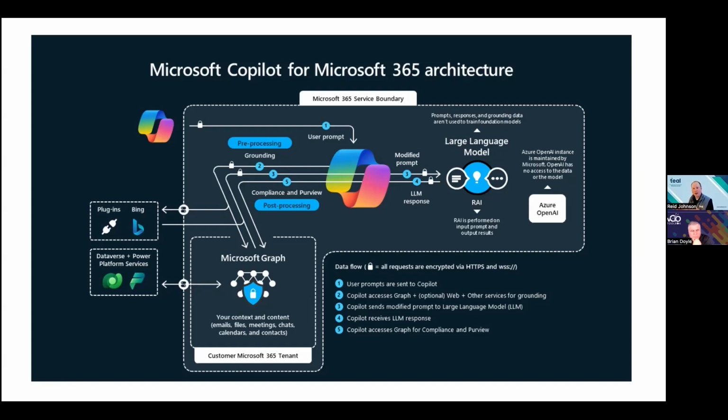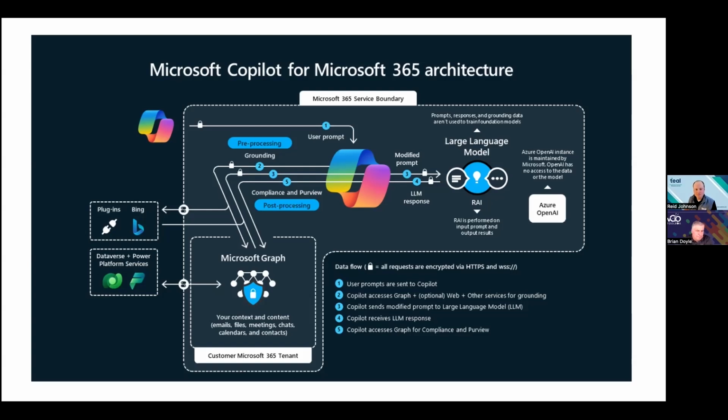Microsoft provides commercial data protection, so the information that you're typing into a Copilot prompt is not commingled with other tenants or used to train the large language model for future use. So security is really baked in from the beginning with Copilot for 365. And that's really where we need to be in this day and age, for sure.